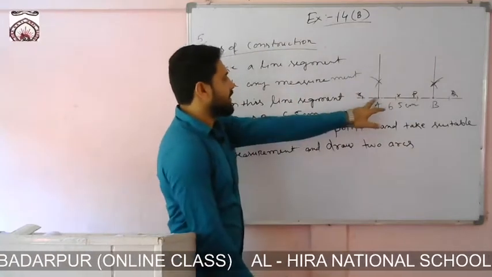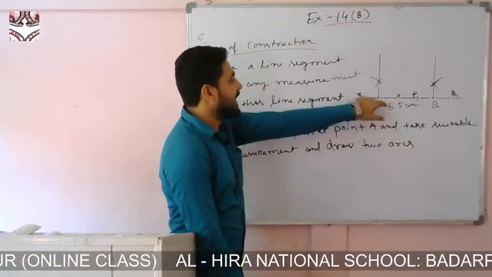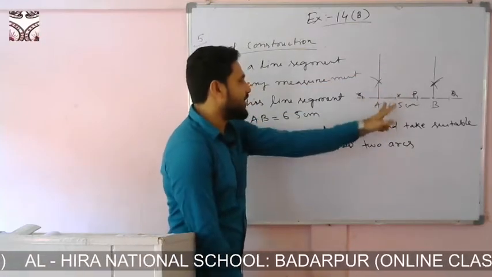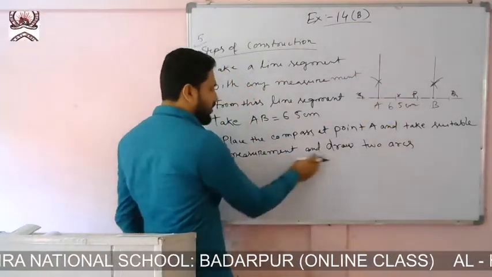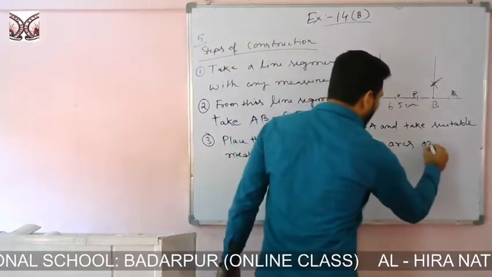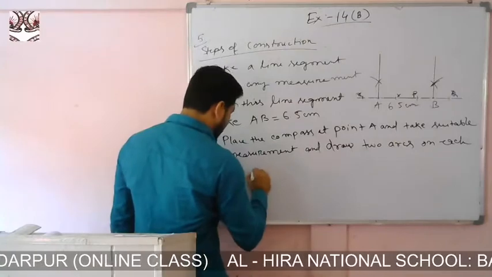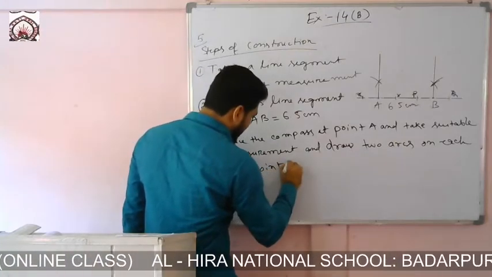That means you place the compass needle here, take a suitable measurement and draw two arcs on each side of point A.